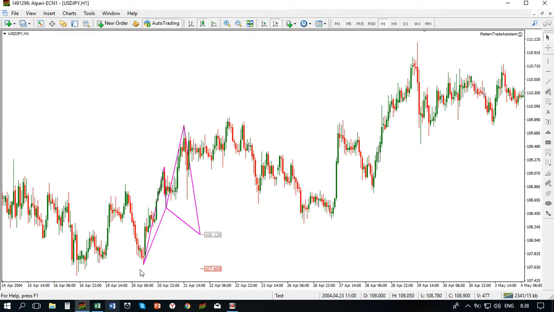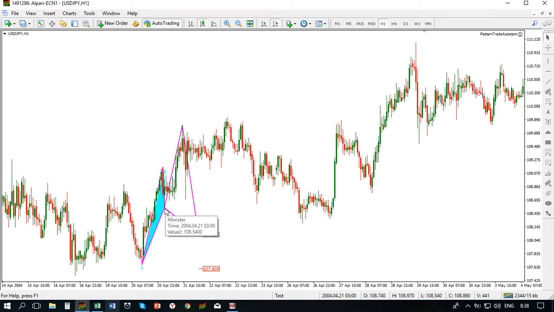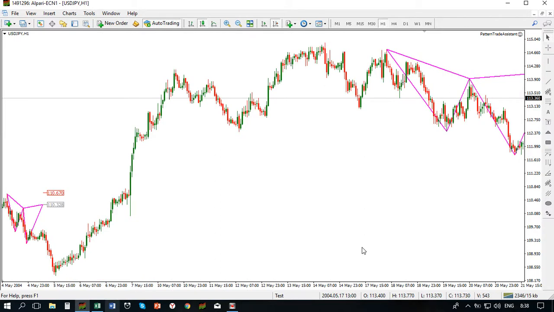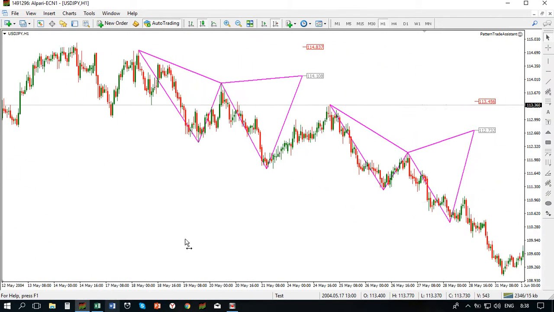Okay, let me check this one. The C point was slightly exceeded. But it may stay within the rules. No, not valid. Page down, nothing with this, nothing with that.